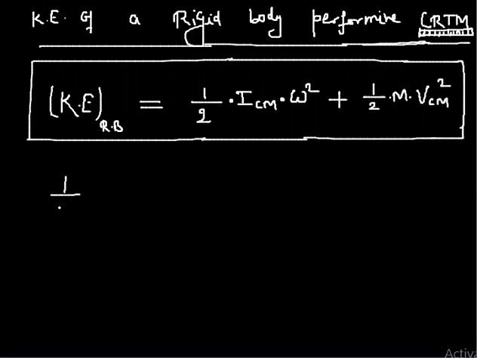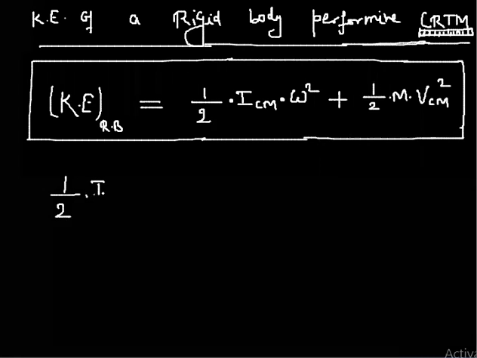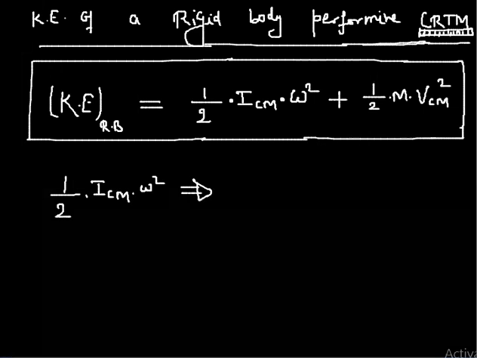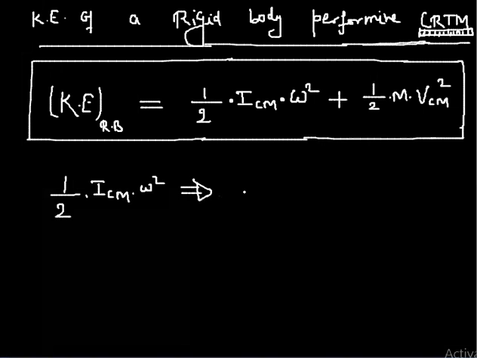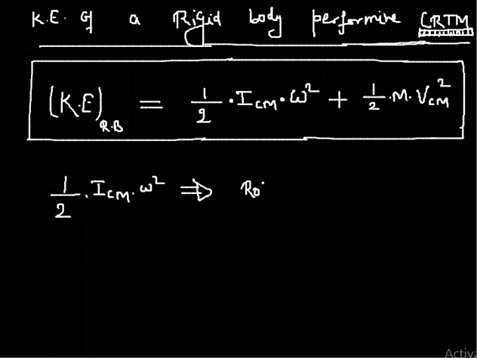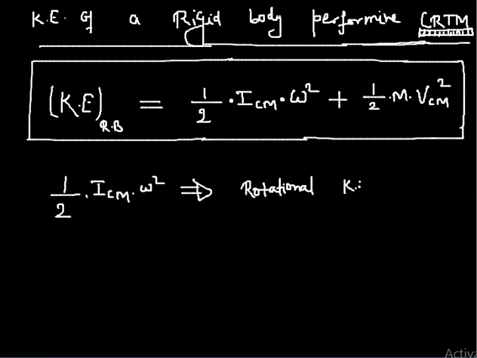I would like to write here this half moment of inertia about center of mass times omega square. This is called the rotational kinetic energy in center of mass frame, or simply the rotational kinetic energy of the rigid body.